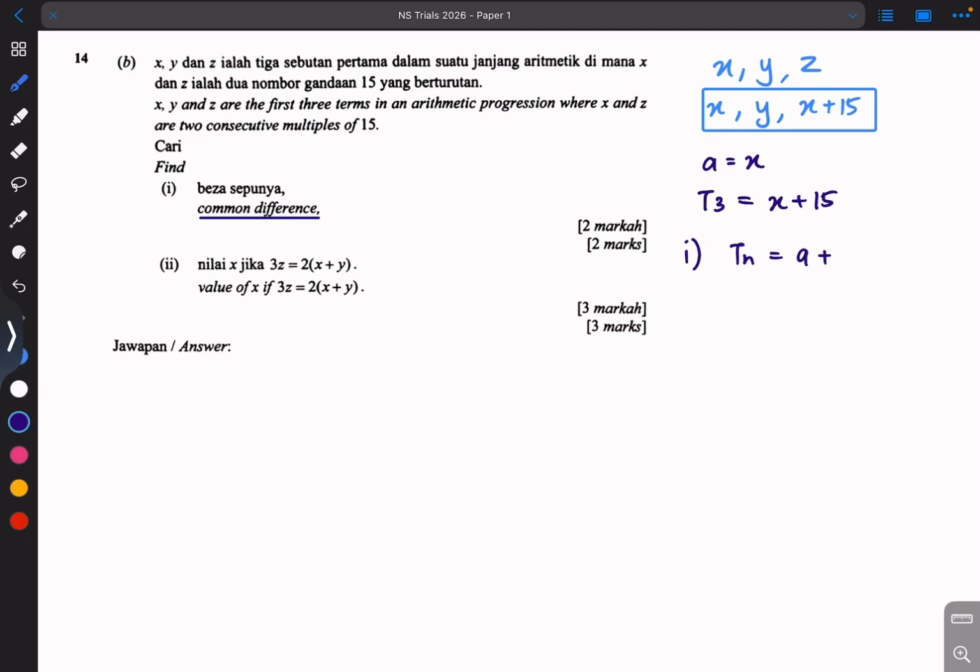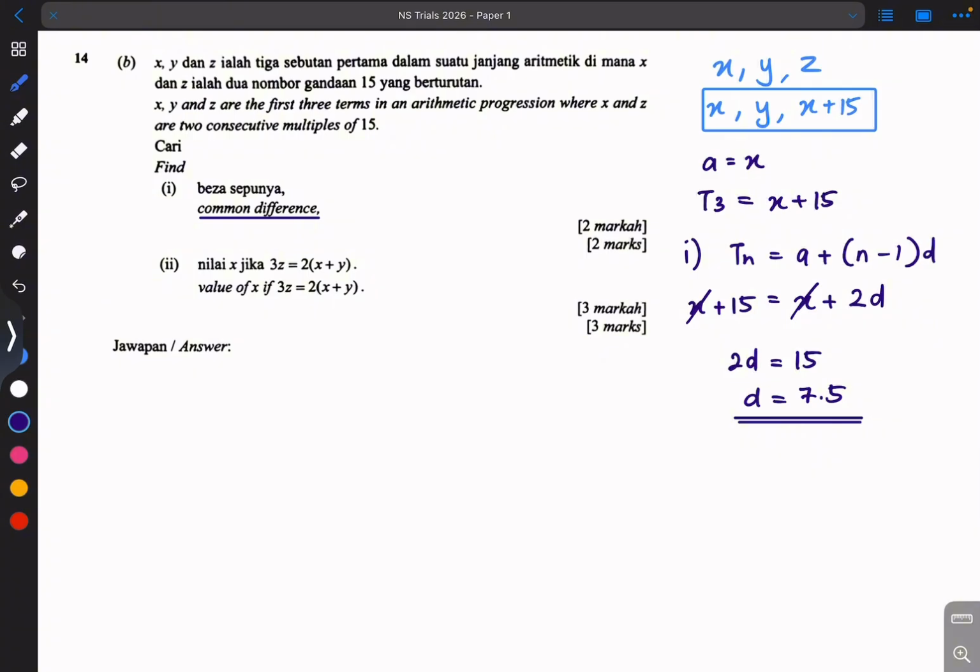Tn is a plus n minus 1 d. So T3 is x plus 3 minus 1, which is 2 d. And T3 we know the value. T3 is x plus 15. Right. So from here we can try to solve d. So both sides also got x, so we can cut. That means 2d is 15. So d will be 15 divided by 2, which is 7.5.